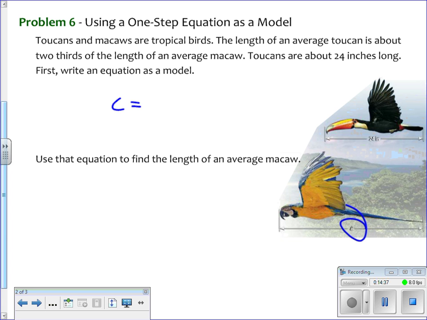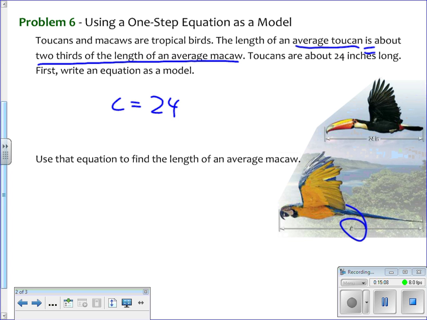And I want to compare that to the length of the toucan. Now, a toucan is 24, but they are not equal lengths. C is not 24, the macaw is actually bigger. What is the comparison between the two? The toucan is about 2/3 the length of the average macaw.